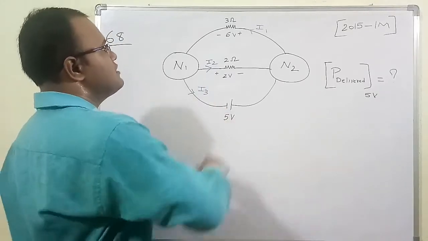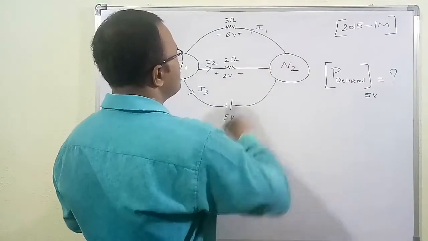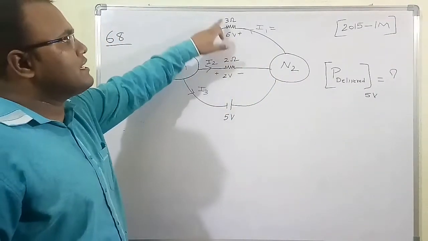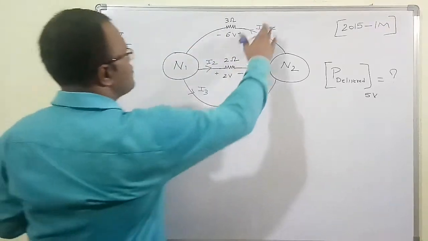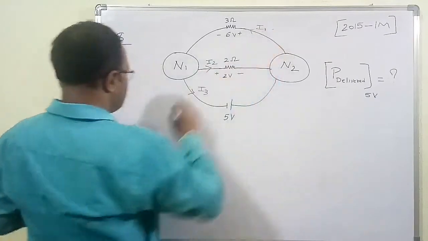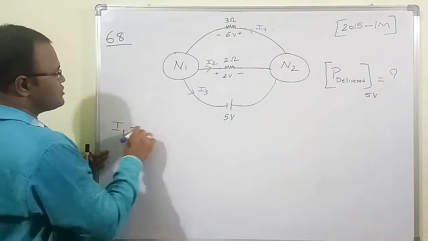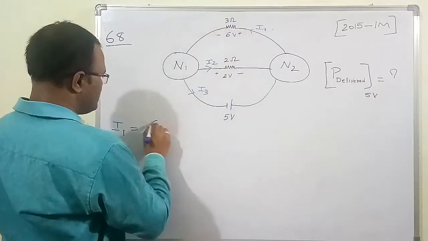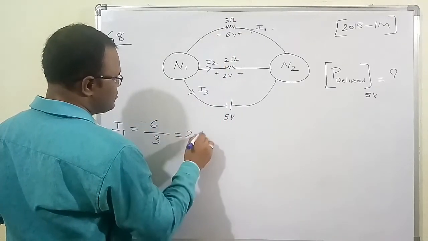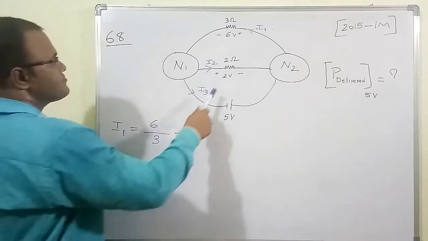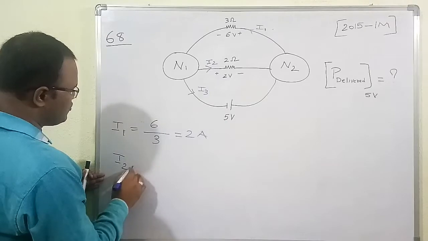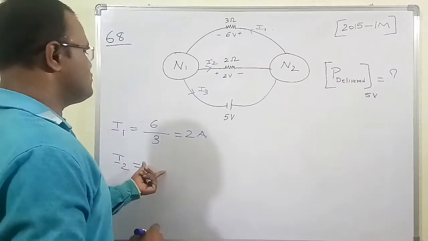This is I1. I1 is equal to the voltage drop across the 3 ohm resistor, which is 6 volt, divided by the resistance, which is 3. So 6 by 3 is equal to 2 ampere. And similarly, in this branch, we need to figure out I2. V is equal to IR, right?